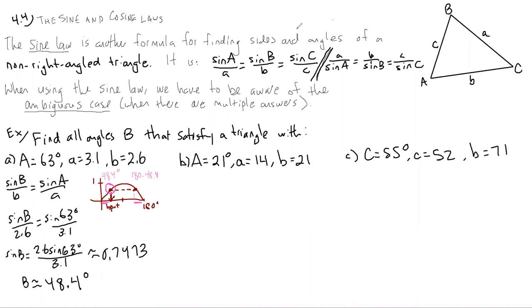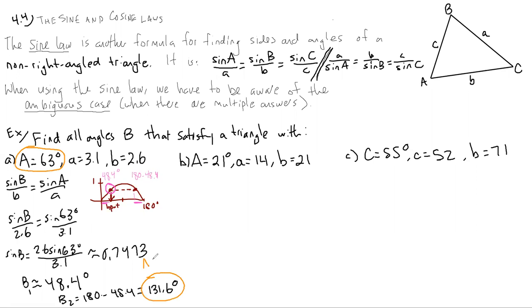And so I could figure out the other answer for that. What I'm going to call them is B1 and B2. So 180 minus 48.4, if I actually do the math there, is 131.6 degrees. But there is a little bit of a problem. If I look at the angle A, it's 63 degrees plus this 131.6 degrees.